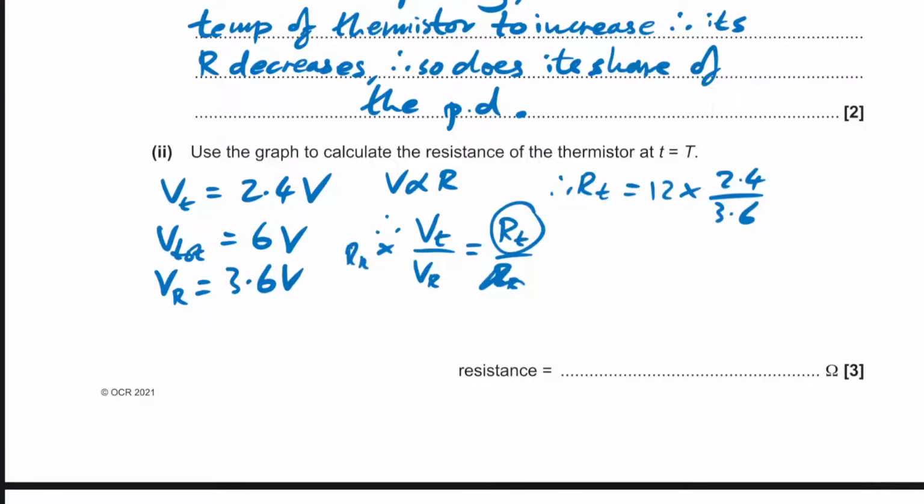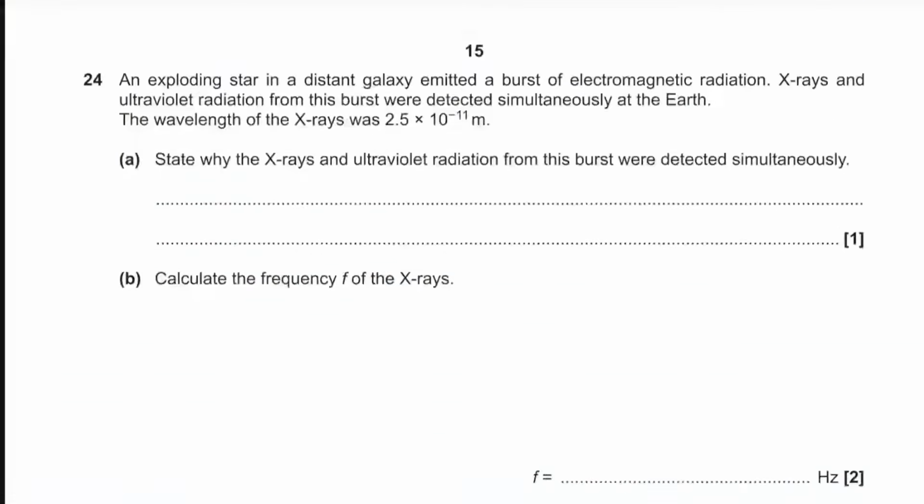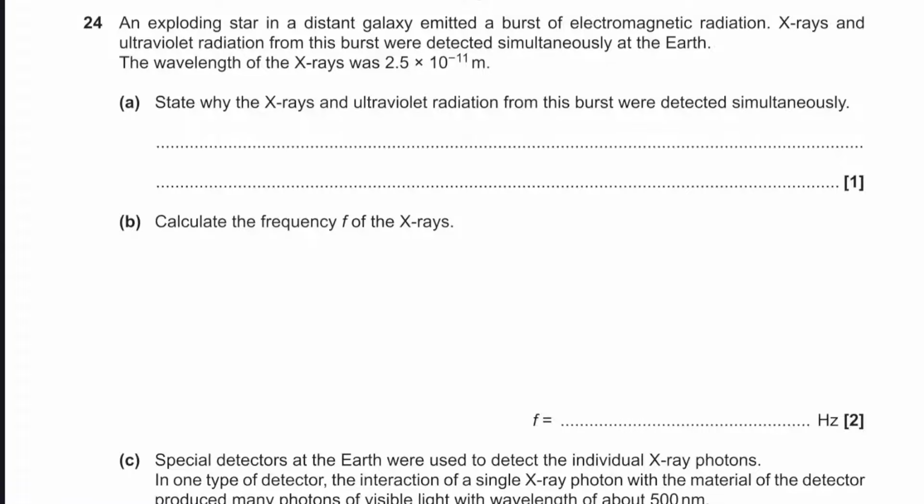Let's put that into my calculator. 2.4 divided by 3.6, and that gives me 8. There we go, 8 ohms. Nice, easy one there. Just ratio of voltages equals ratio of resistances for a potential divider. Question 24 doesn't exist, but that's fine. We will do questions on it anyway.